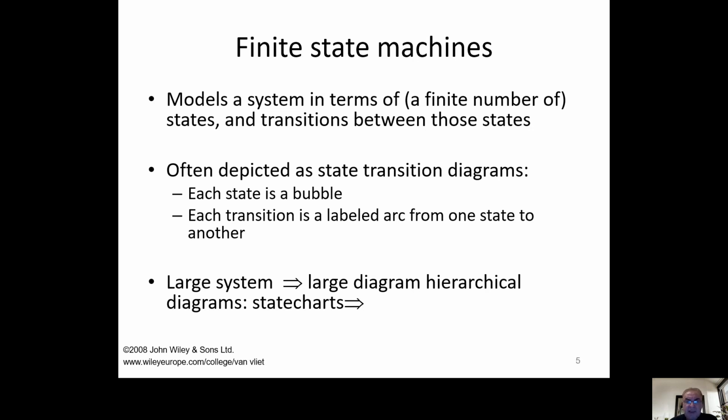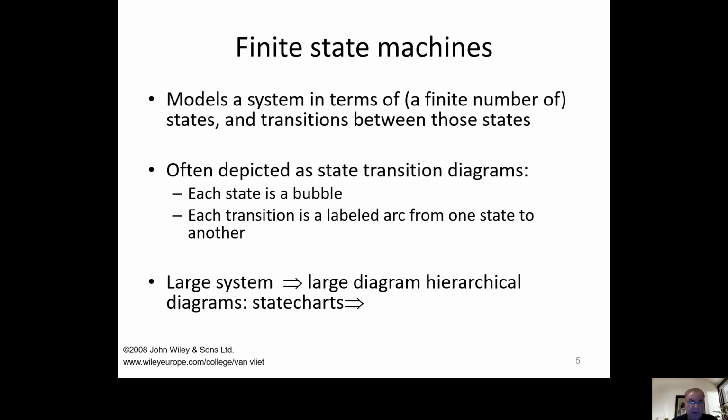It's often depicted as a state transition diagram. This state transition is actually a new term that UML came up with, so we made it more object based. Each state is a bubble, and each transition is labeled as an arc. I want you to know the notation. So a transition is an arc, a state is a bubble, and in a large system, a large diagram, it can be hierarchical.